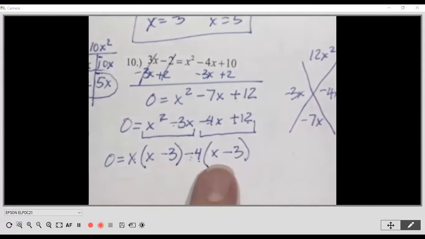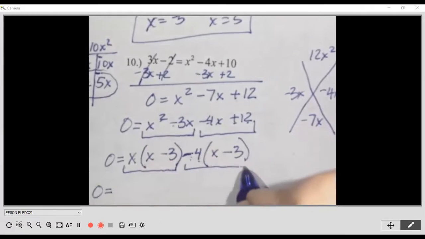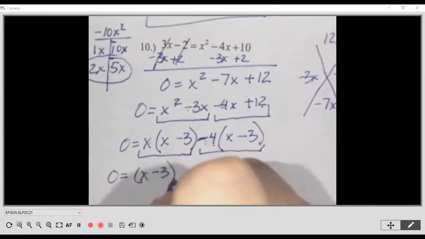So now I do one more round of factoring. Remember, here's the first term: x times the quantity x minus 3, separated by the minus sign. Here's our second term. What did they have in common? The quantity x minus 3. So 0 equals, now I'm factoring out of this term and this term, x minus 3.